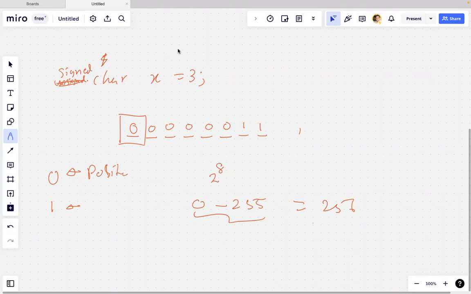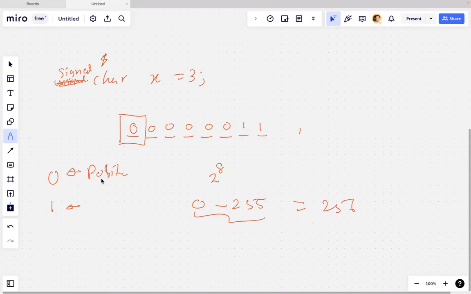Another thing: signed and unsigned, by default if you type int x equals 5, what is it? By default, it is a signed value. So if we want to store a larger value, we can use unsigned. Yes, if you want to save a larger value, you have to use unsigned. That means you can take the entire 32 bits for the value, but if you use signed, you can get only 31 bits. Okay, sir. Thank you, sir.